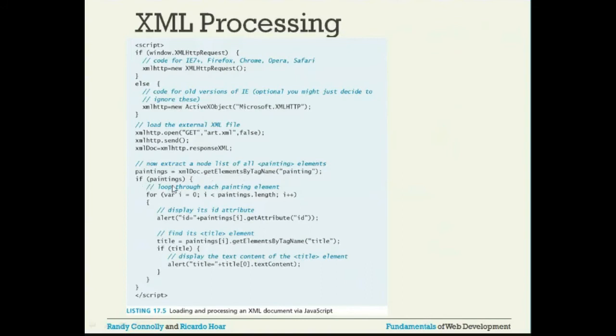If paintings, that means if that particular data is available, then you will loop through those painting elements. You will start with the for loop, variable I is equal to 0, I less than paintings dot length. In this particular case, we have 3. So this paintings dot length is going to return number 3.